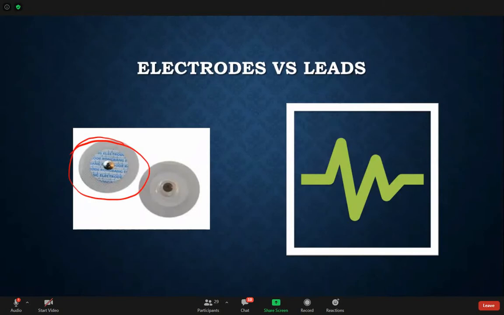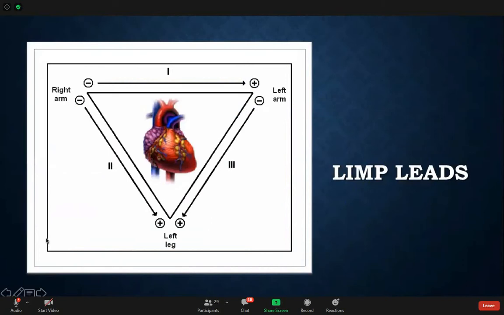The leads are the ECG leads, what we see on the ECG paper from V1 to V6, the waveform of the ECG. That's an important distinction. When I say electrodes, I mean the wires we attach to the body, and the leads are how we see the heart.